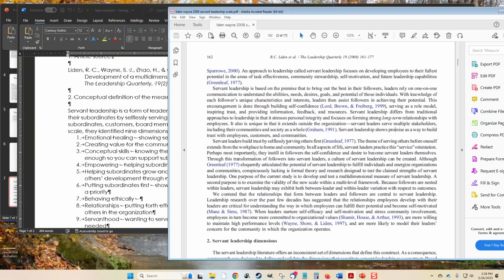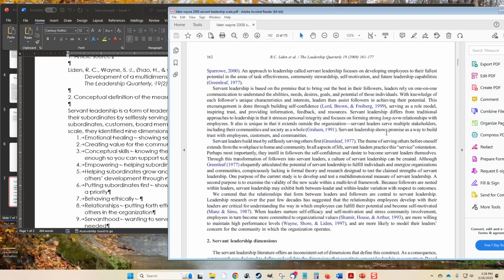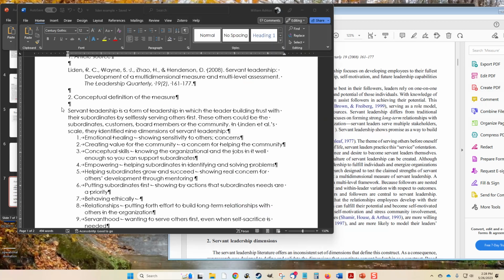And notice I did not plagiarize. That is, I took what the article was saying and I set it in my own words, my own expression, so that's not plagiarism. If I would just cut and paste, that would be plagiarism.